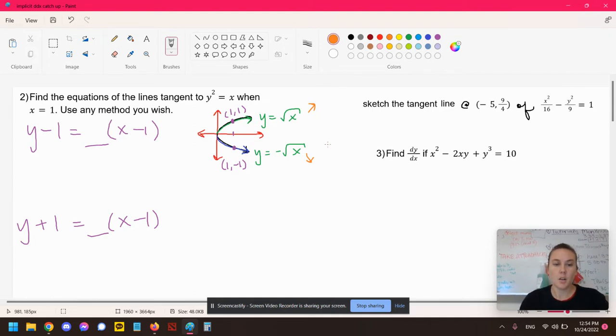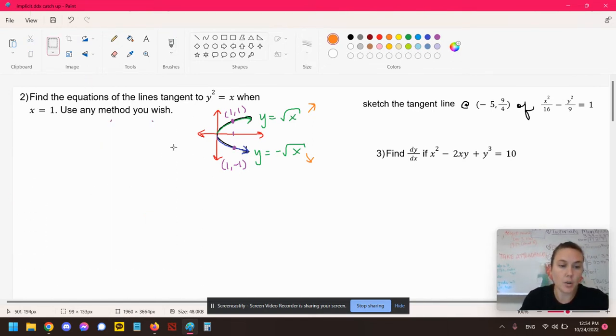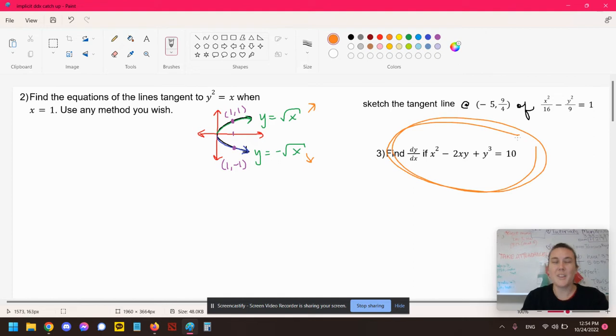Fine. This is the classic, we know how to take the derivatives when we have y equals a bunch of x stuff. However, I want to have a new method because in the future, we're going to get relationships such as this one, where we can't solve for y. Right?